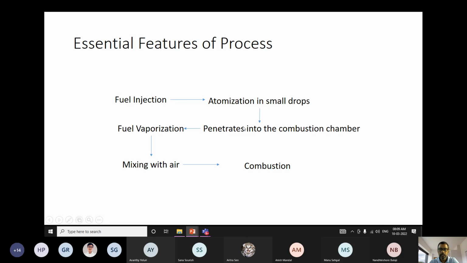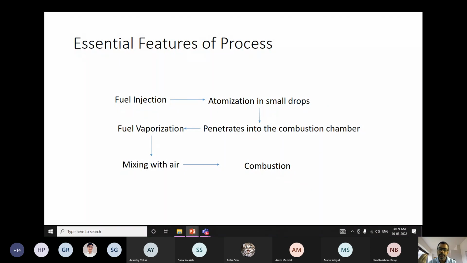Neither should it be under-penetration nor over-penetration. If the fuel droplet cannot travel deeper inside the combustion chamber, then we will not be in a position to utilize the air. Then part of the combustion chamber may not have fuel concentration, or there will be a very lean fuel mixture.